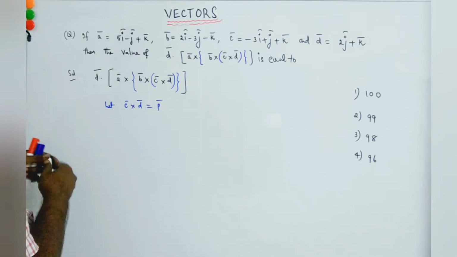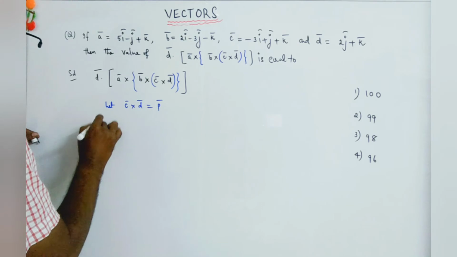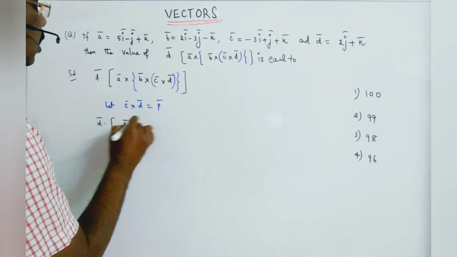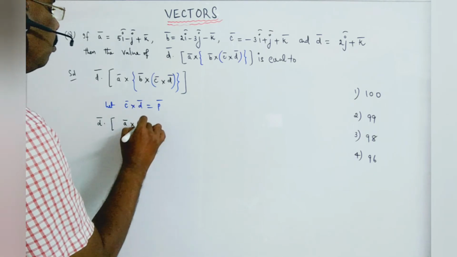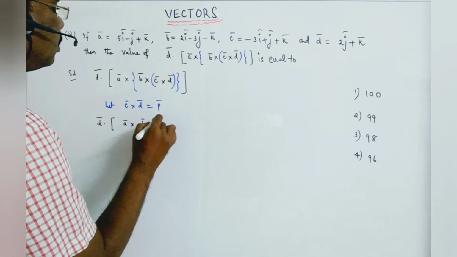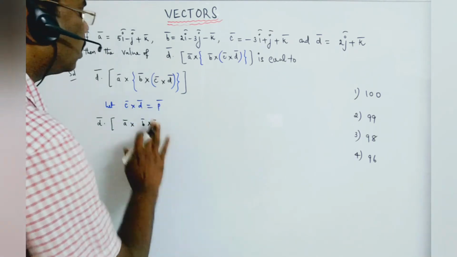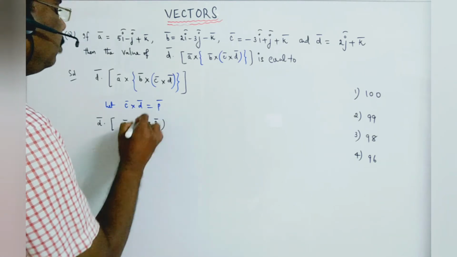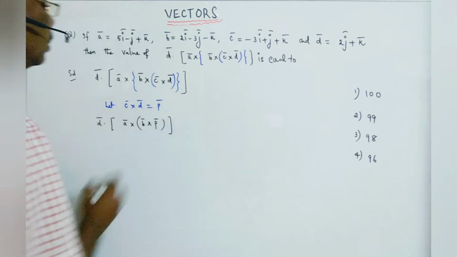Then we need d bar dot a bar cross b bar cross p bar.